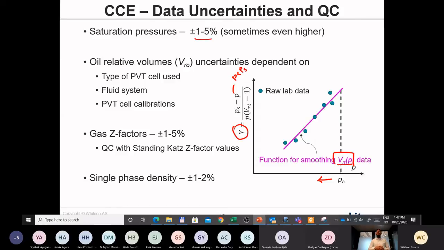And I think with the modern tools that we have now, this total volume measurement should be accurate, and you would need very small smoothing. I don't know if the labs are still using this function, because normally in modern PVT reports we don't see this Y function anymore.